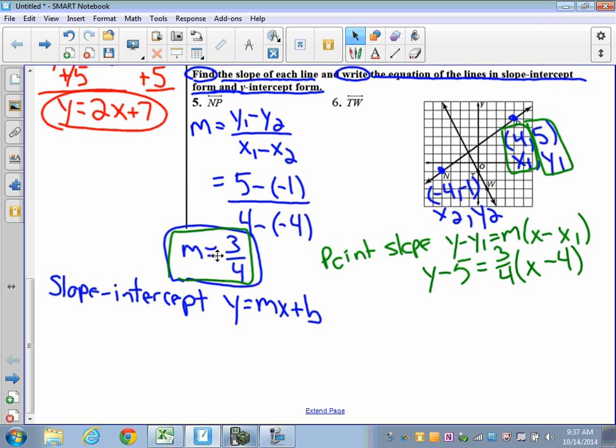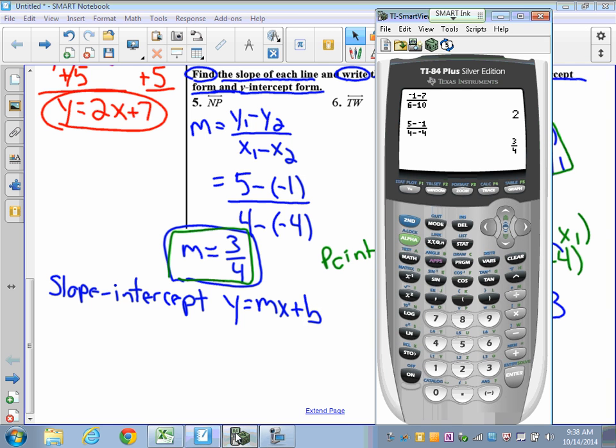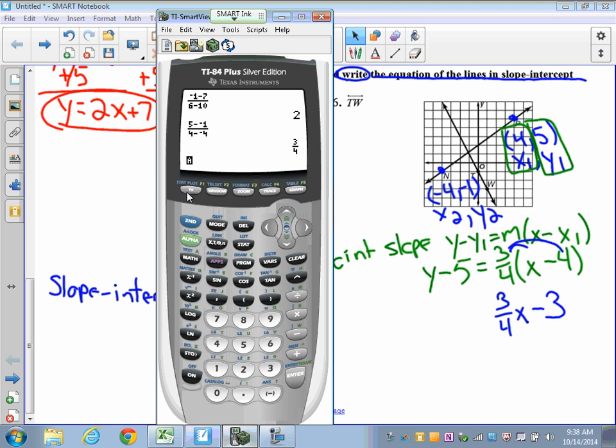Now I'm ready to solve it to get it into slope-intercept form. Remember, the first thing we need to do is distribute. So I'm going to have 3/4 x minus 3. Again, if you're not sure of this, you can use the calculator. Alpha y equals, enter, 3/4 times 4.